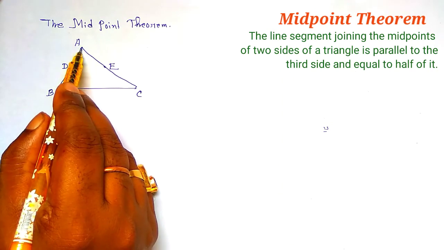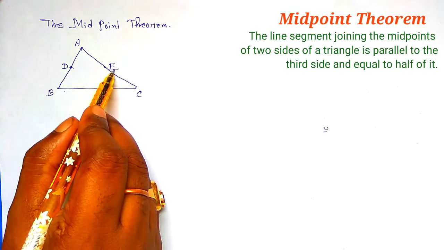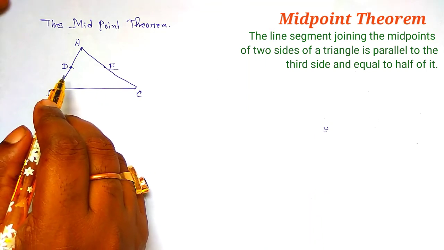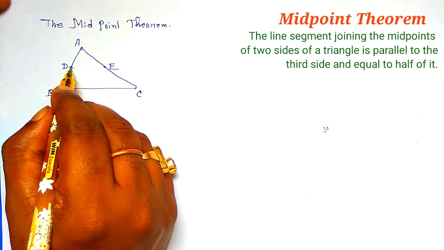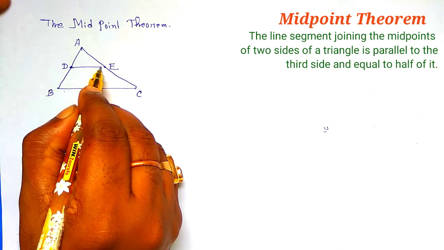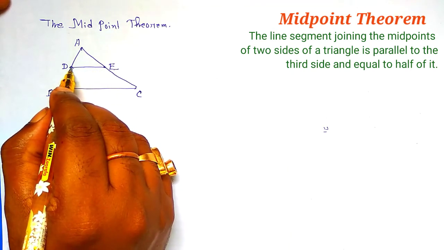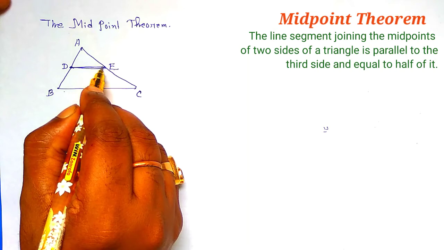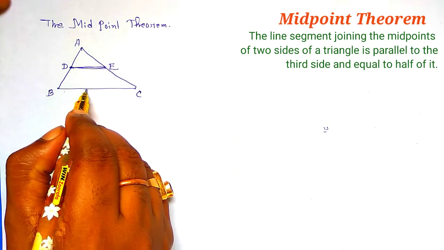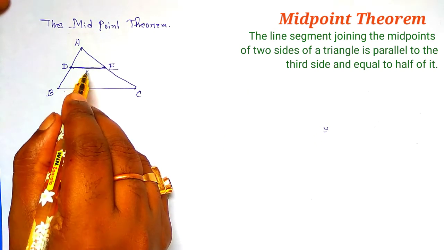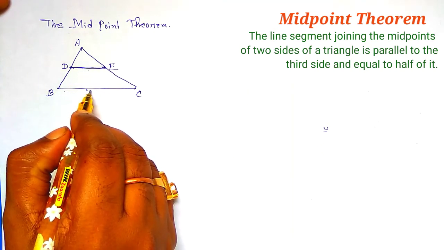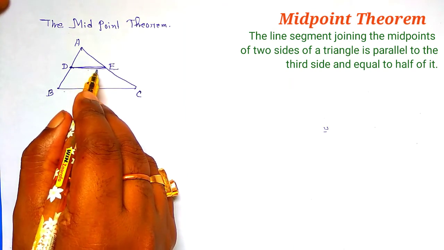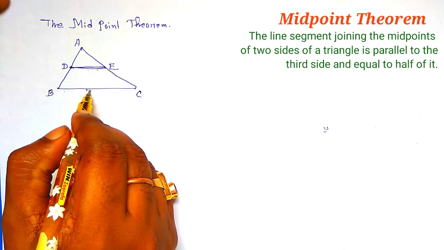D is the midpoint of AB and E is the midpoint of AC. So the line passing through points D and E is always parallel to this line, means DE parallel to BC, and DE is half of BC.